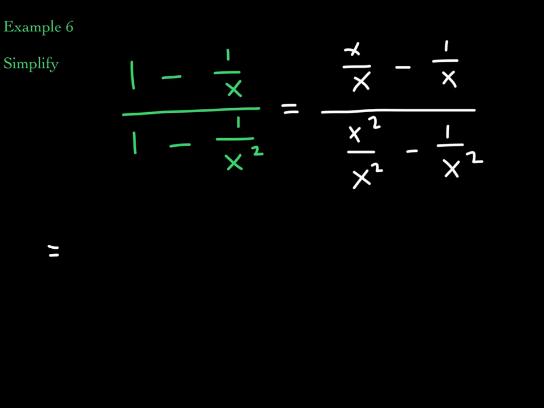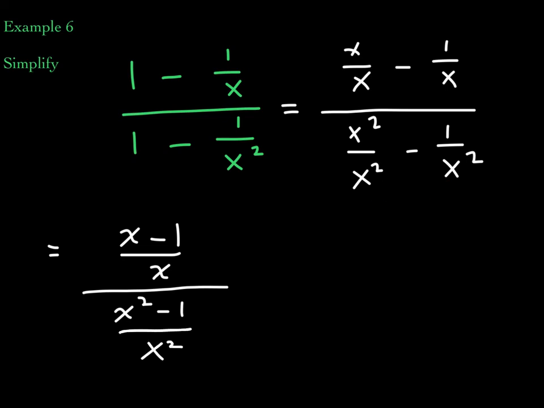So in the numerator, you would have x minus 1 over x, right? You keep the common denominator of x. And all of that divided by x squared minus 1, right? That's the difference of the numerators, x squared minus 1, over x squared, the common denominator down there.